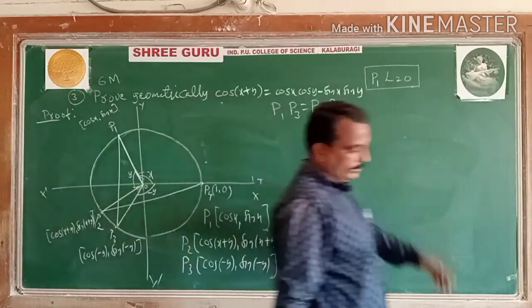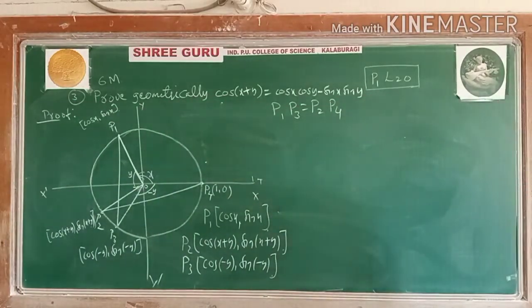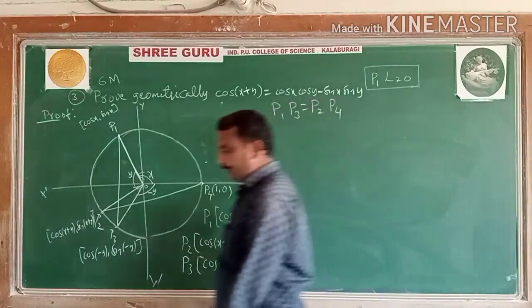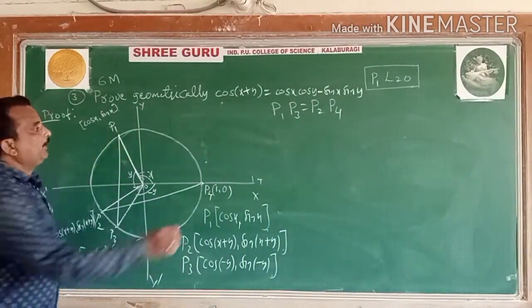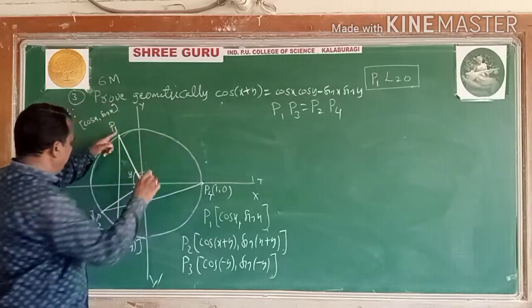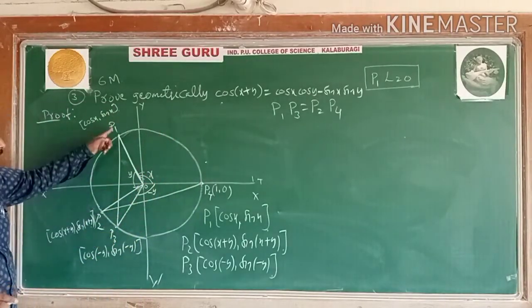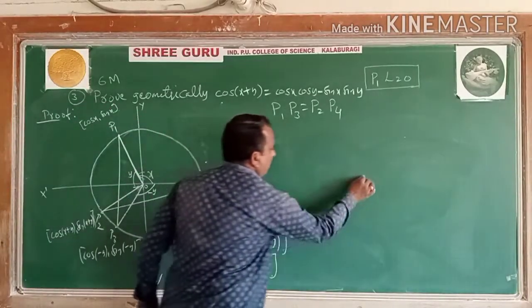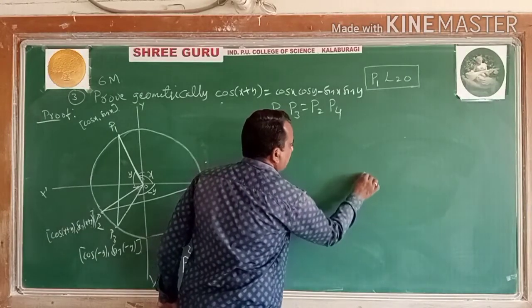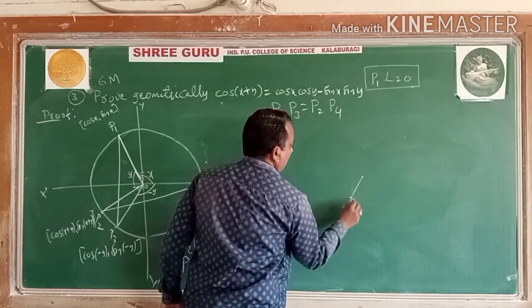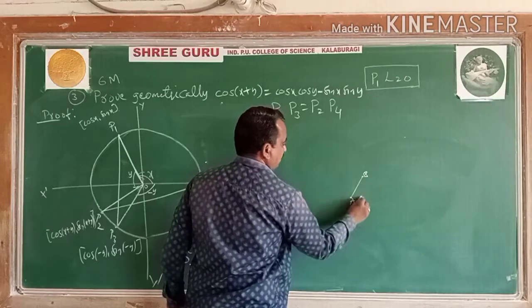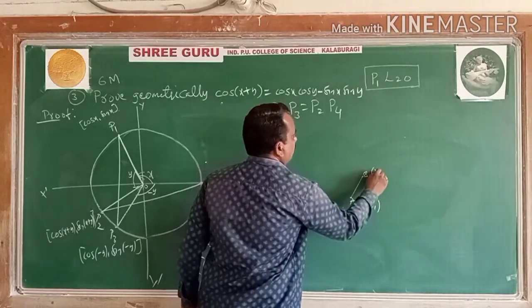So here I will substitute P1P3 is equal to P2P4. By using the distance between two points formula, you know the distance between two points in the plane, A and B, with the two points x1 comma y1 and x2 comma y2.